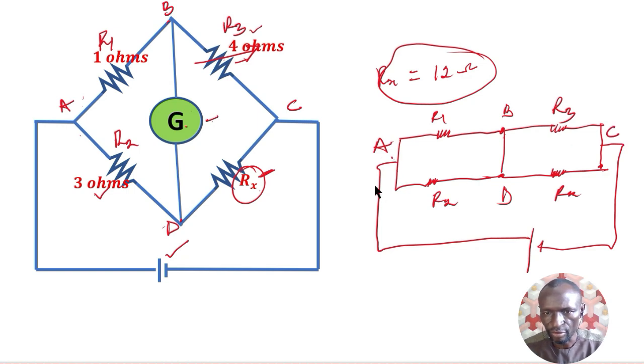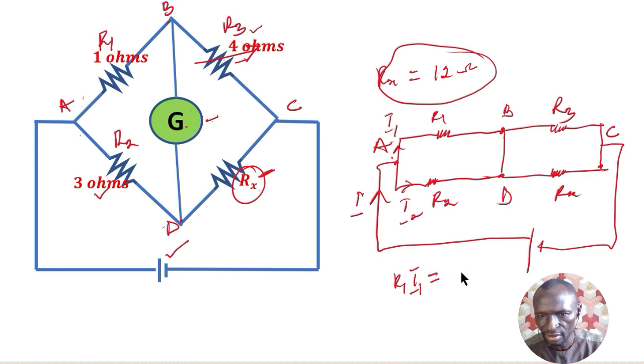If I have current flowing through the circuit, if the current is I, at this node, it should split into I1 and I2. Now for the balanced Wheatstone bridge, R1 times I1, that's the voltage across resistor R1, will be the same thing as R2 times I2. Let's call that equation 1.